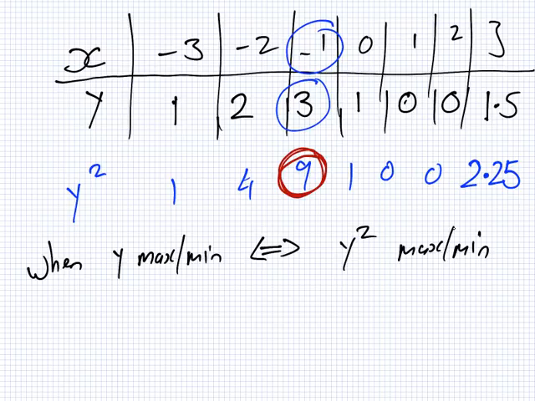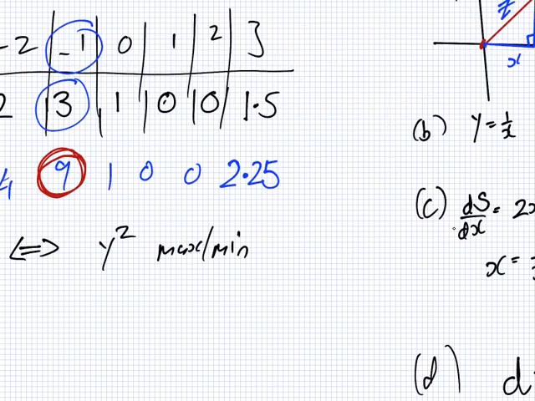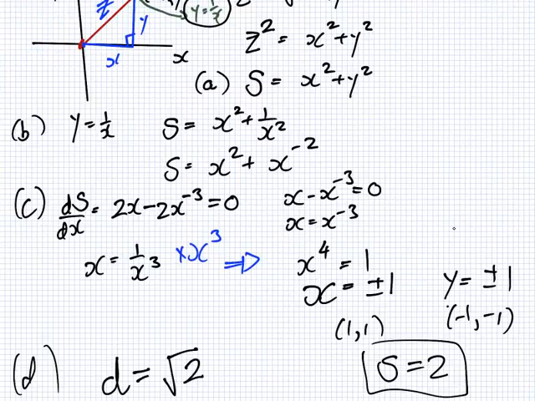When y is maximum, its square will be maximum. When y is minimum, its square will be minimum, and vice versa. But it doesn't always work in all situations, and we'll see more in semester 2 maybe, when it doesn't work as nicely as this. But the point I'm making is, where this is a minimum is the same place where its square root is a minimum.